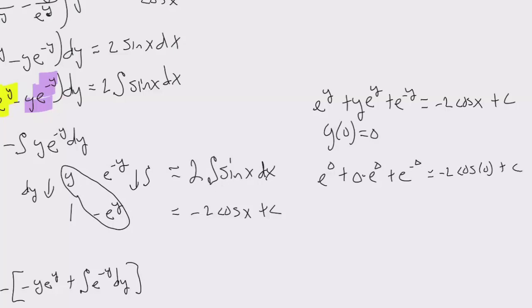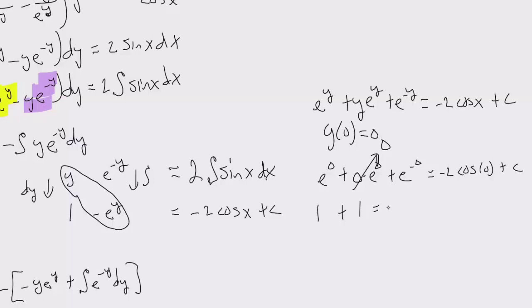All right, so what is all of that? Well, this middle thing right here, 0 times e to the 0, that's just 0. And e to the 0 is going to give me 1. And e to the negative 0 is going to give me 1.